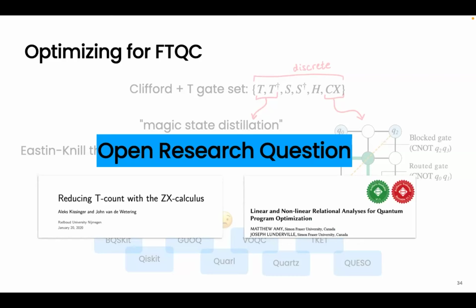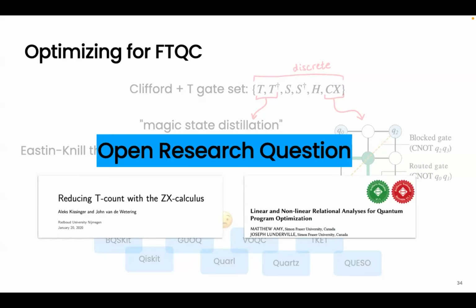But even the matter of what is the right optimization objective for fault-tolerant quantum computing is kind of open as well, because over the years, people have come up with cheaper and cheaper ways of doing this distillation protocol. So it gets to a point where maybe that's not the cost that is dominating.